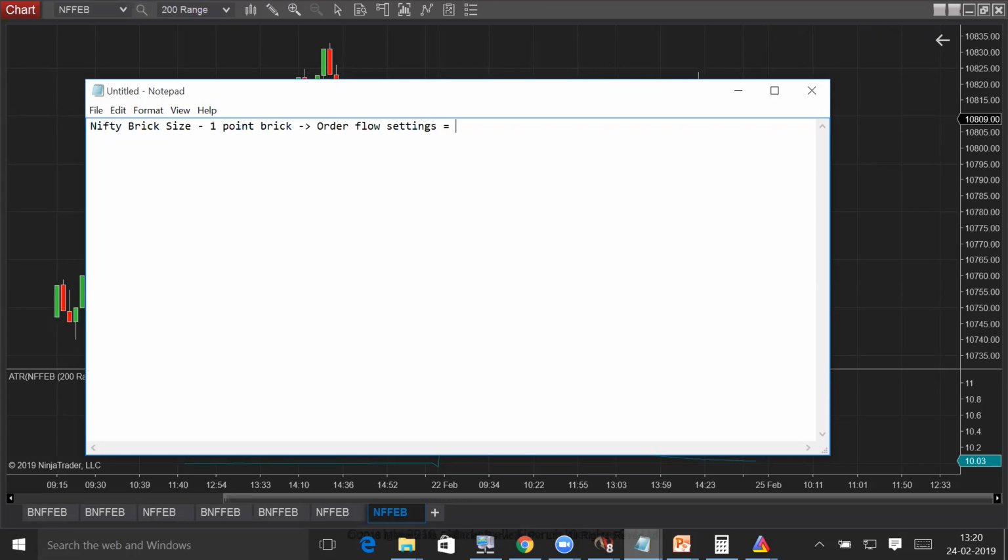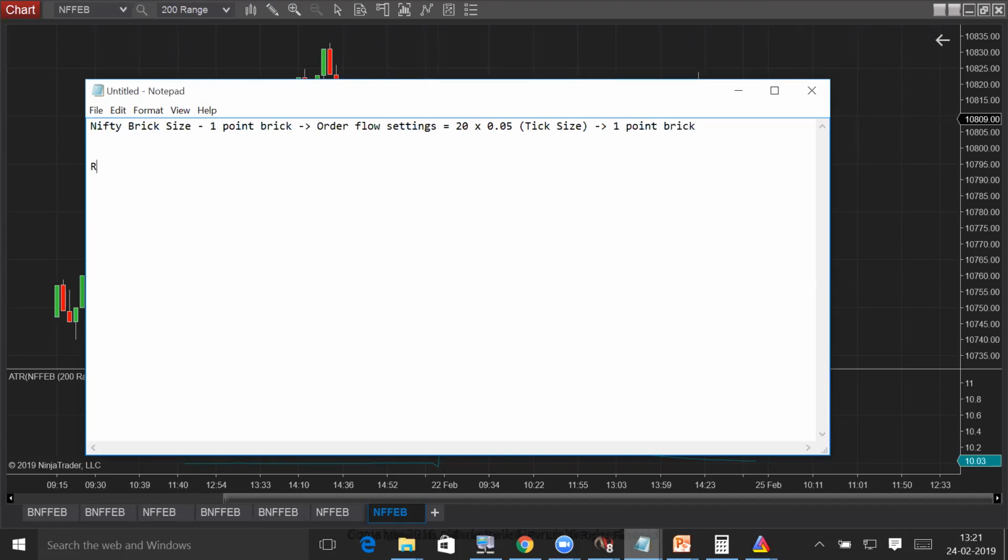I have to key in 20. That means 20 will be multiplied by the tick size 0.05, and the end result is a 1 point brick.